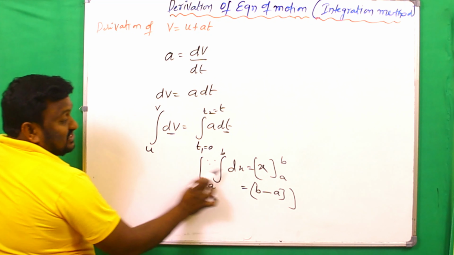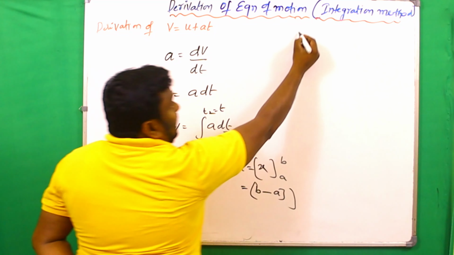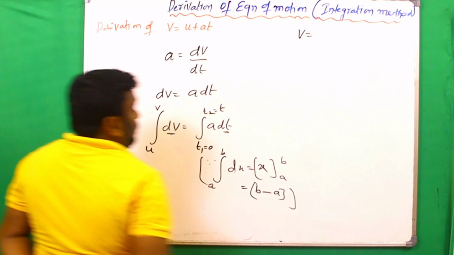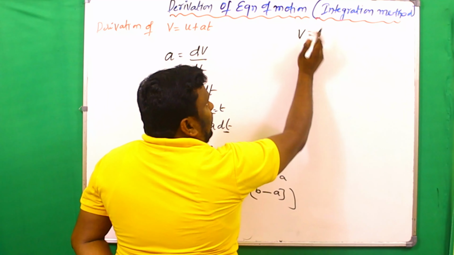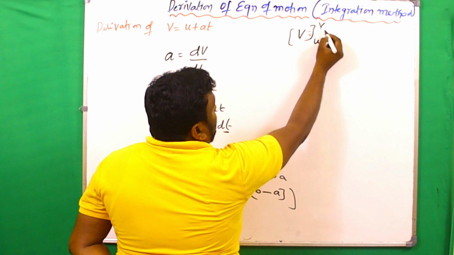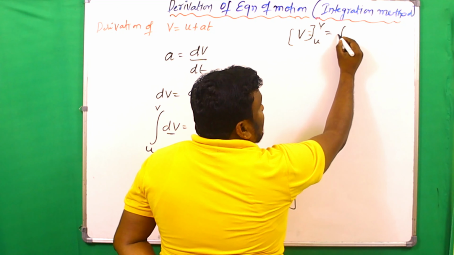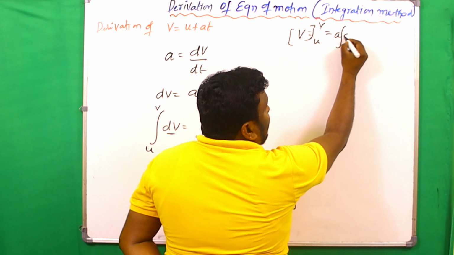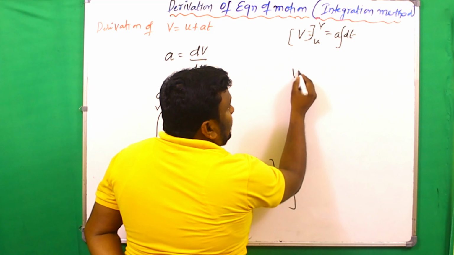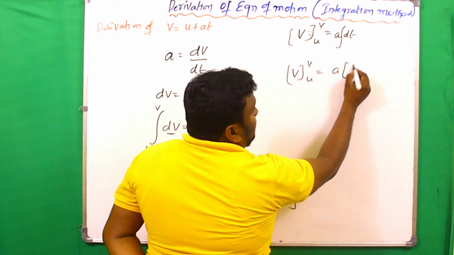So here integration of dx is x. Integration of dv means you will get v, with limits u to v, and a is a constant here.